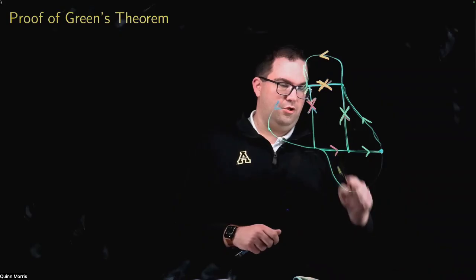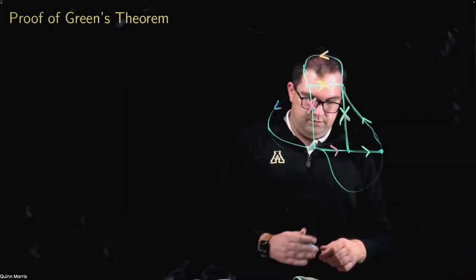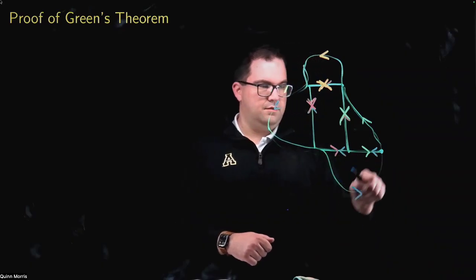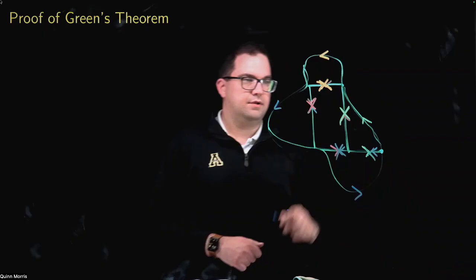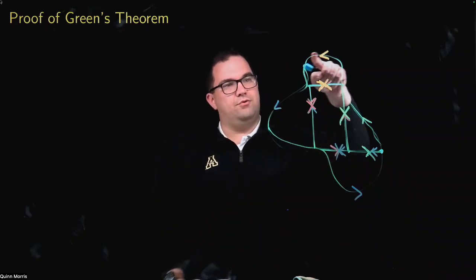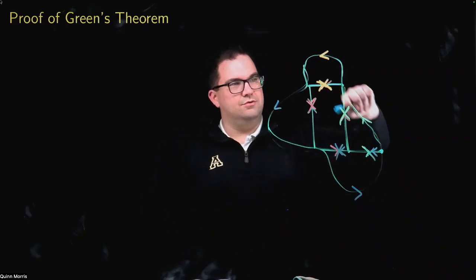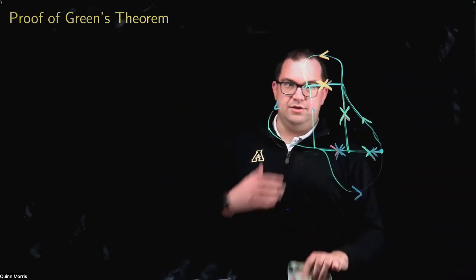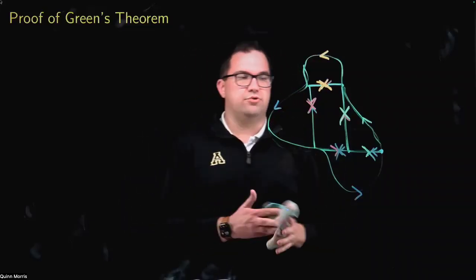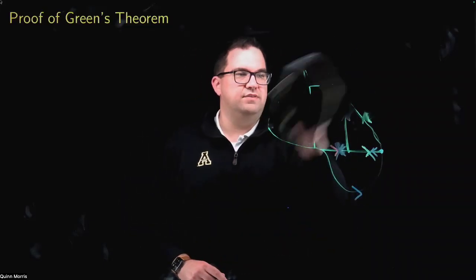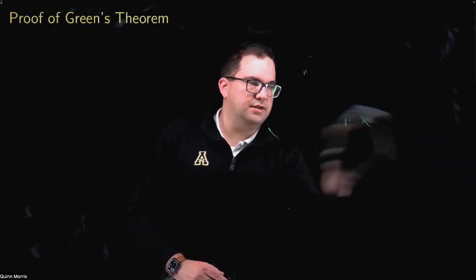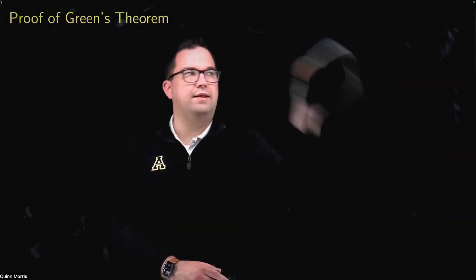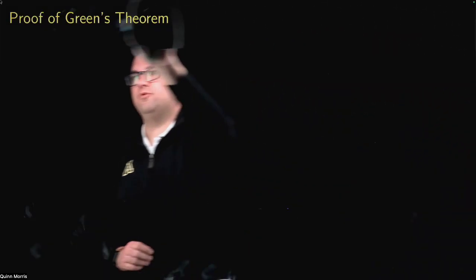When you compute the line integral on this region, these will both cancel out. And so the only things that survive are the line integrals moving in the counterclockwise direction around the boundary of the whole region. So you can prove Green's theorem for these more general regions by applying it on each of these subregions once you partition your region into subsets that are all type 1 and type 2. All right. So great. Now we've proven Green's theorem.